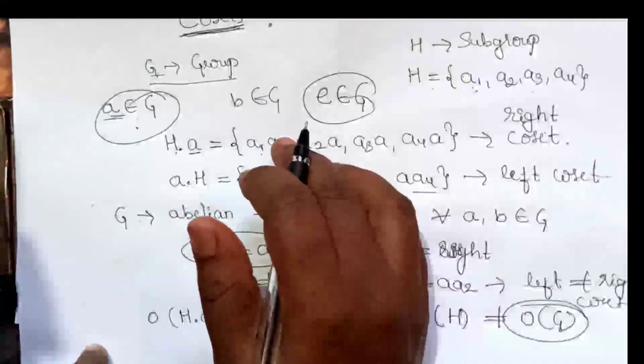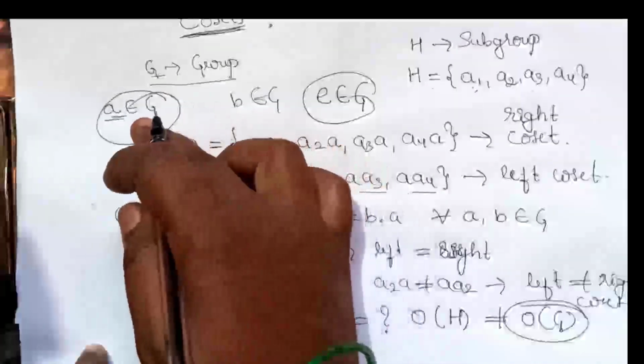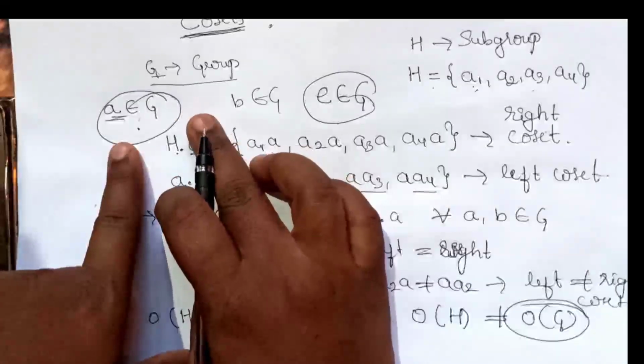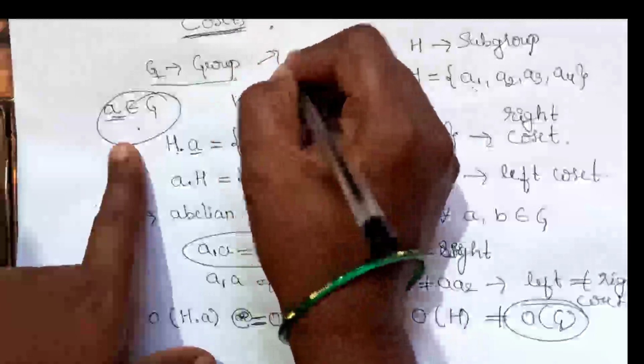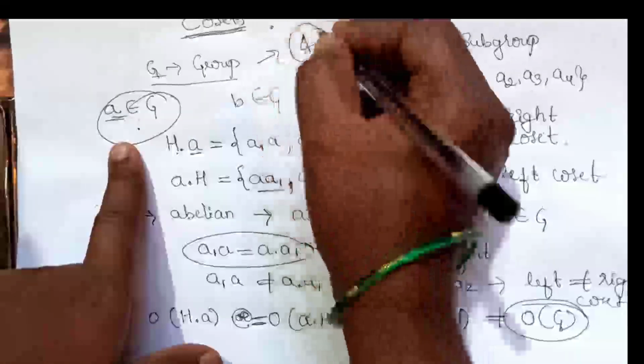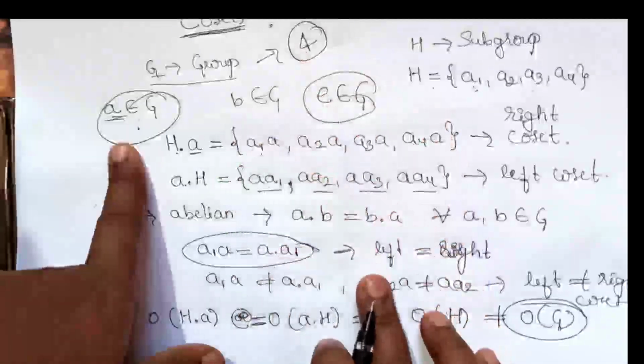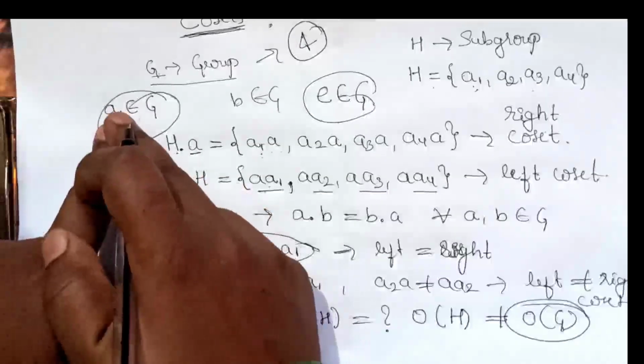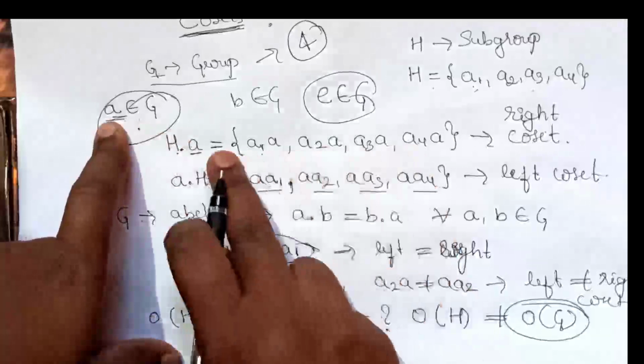So we can form any number of cosets by using the elements of G. Suppose G has 4 elements, then we can form 4 different cosets. Here I have used only one element, therefore we can form one coset.